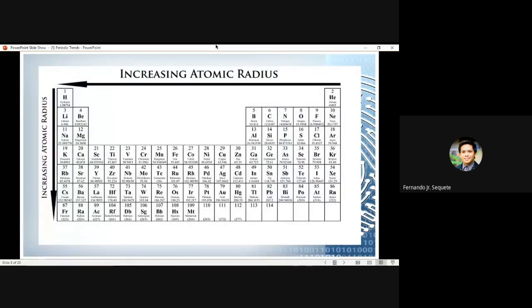Calcium, magnesium, at saka strontium. Ito yung calcium. Meron tayong strontium sa baba, nandito ang magnesium. Ang kagandahan nito, nasa isang grupo sila.